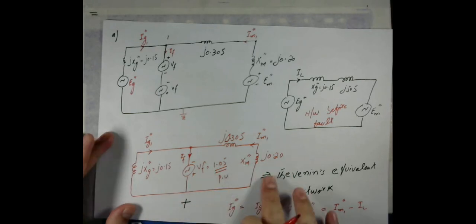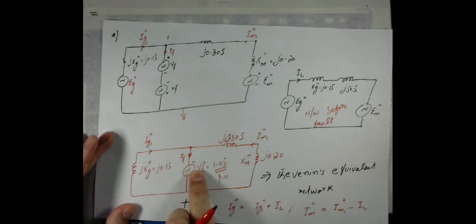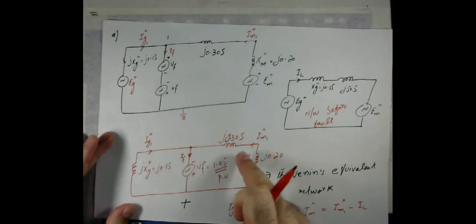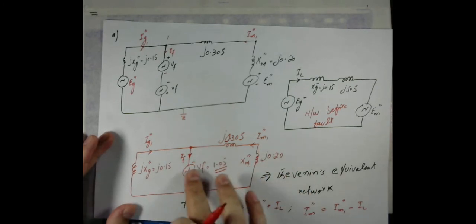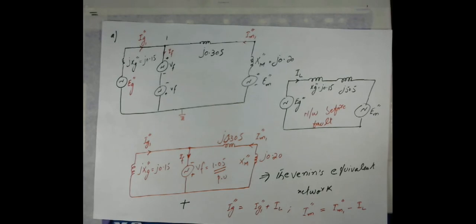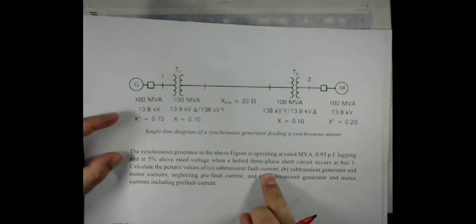Now let me first solve this circuit. As we know the Thevenin equivalent voltage, and we also know the reactance of the two parallel branches, let me solve for the current. The first task was to find the subtransient fault current.